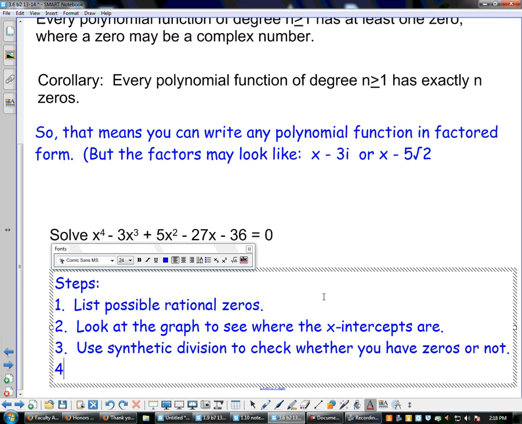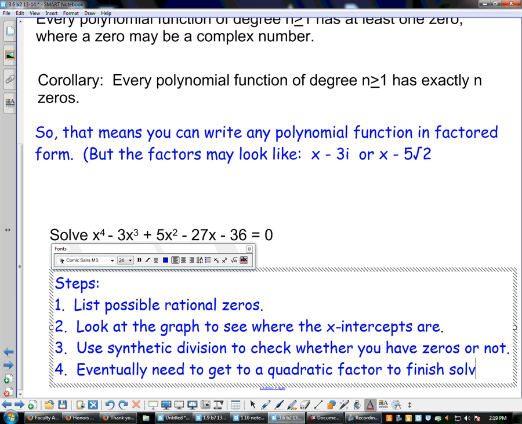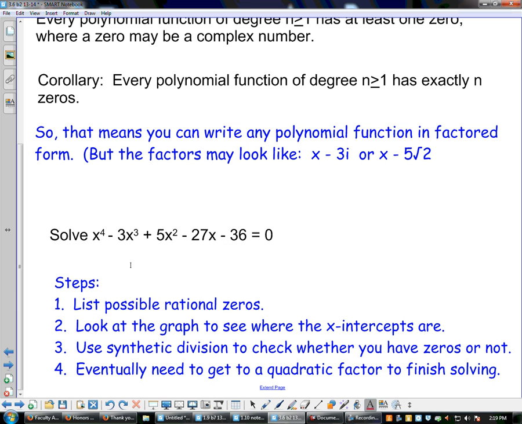And if you do, if you get zero as the remainder, then you eventually need to get to a quadratic factor to finish solving. All right. Okay. And usually I'm a much better typist than that, whatever the word is.